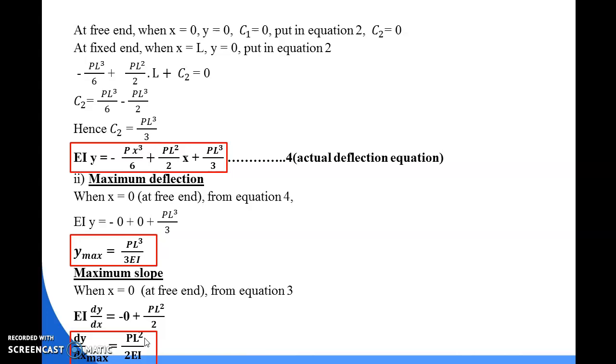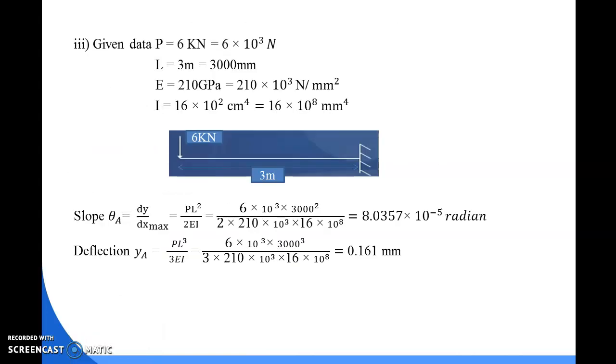So now we have to solve a numerical. Here a cantilever beam is there whose span is 3 meter and the point load is 6 kilonewton, and in the data given the E value is 210 GPa, which is equal to 210 into 10 to the power 3 Newton per mm square.